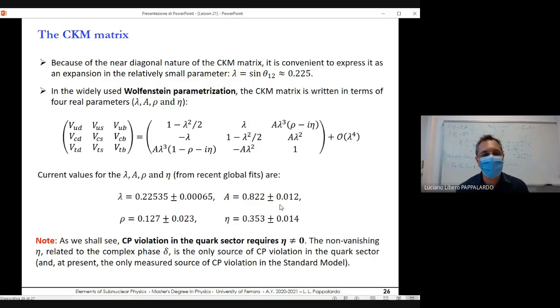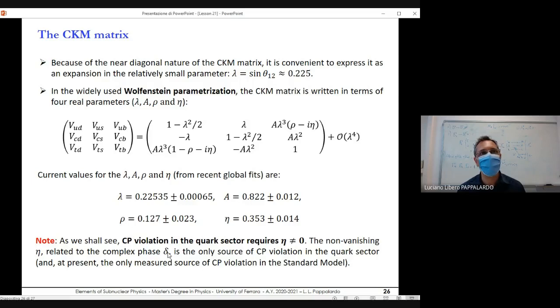And as we will see next week, CP violation in the quark sector requires this eta parameter to be non-zero, and in fact it is significantly different than 0. So the non-vanishing value of eta, which is related to the complex phase delta that I was mentioning before, is the only source of CP violation in the standard model. Okay, essentially, and it only occurs at the quark level.